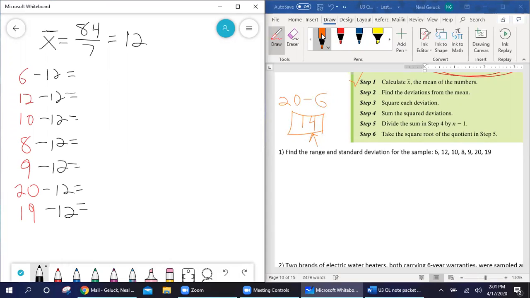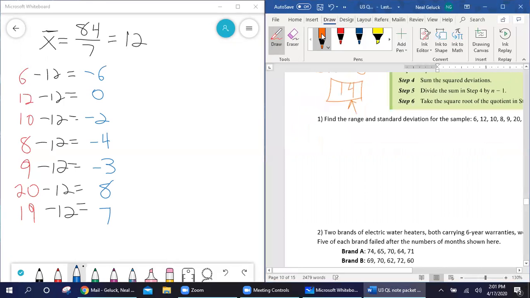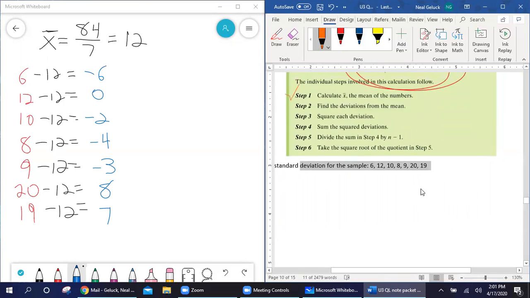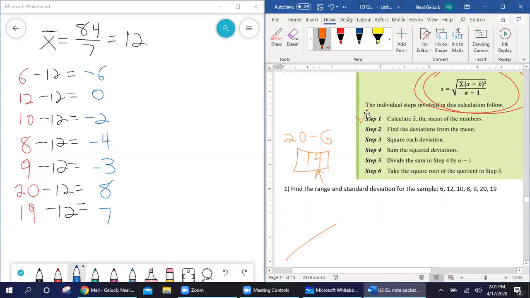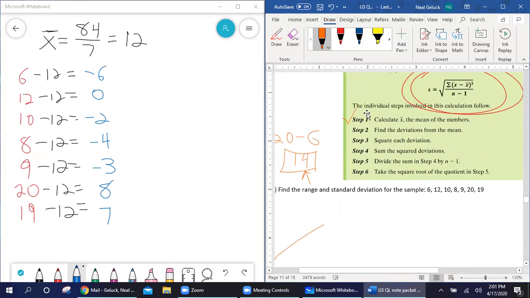This will give me my deviations. So if I do all that, I've got -6, 0. That's okay, that can happen. -2, -4, -3, 8, 7. Okay, that was step 2.